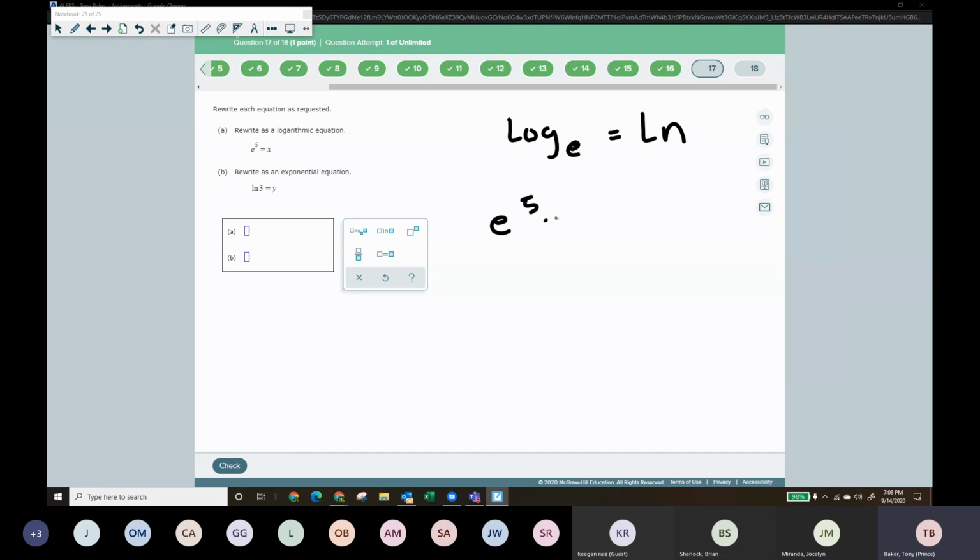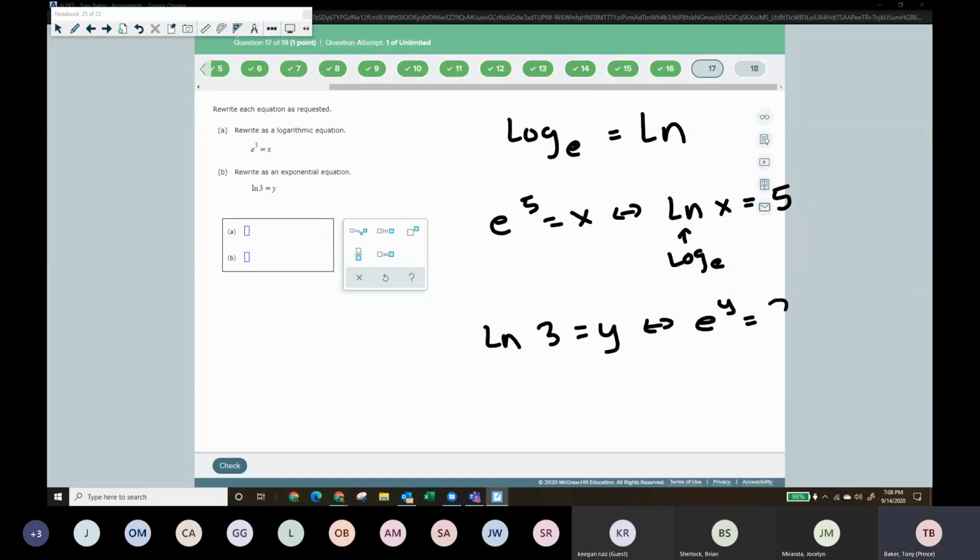So e to the 5 equals x goes to ln of x equals 5, because that right there is no different than saying log base e. ln of 3 equals y goes to e to the y equals 3, because again, we reverse the two values.